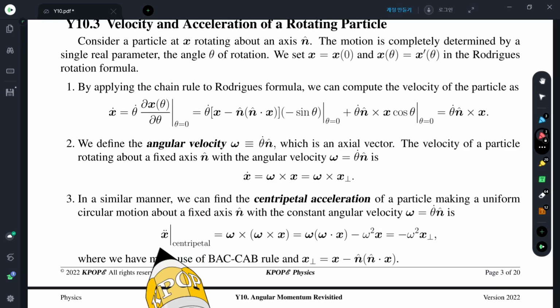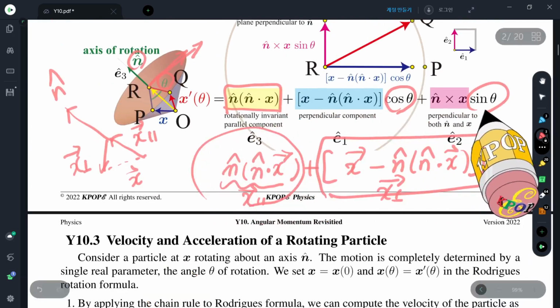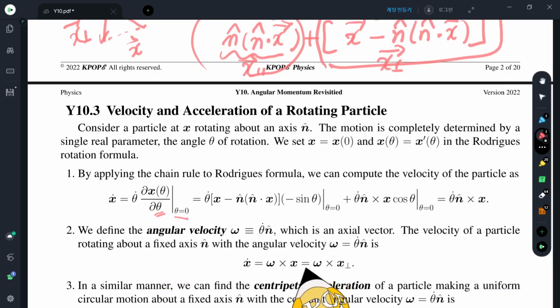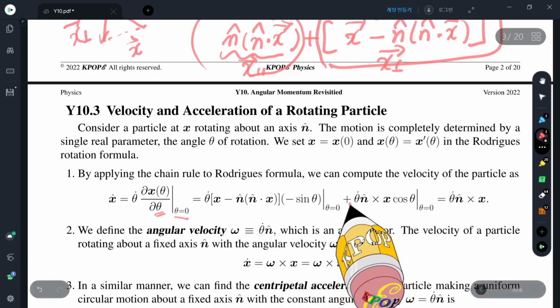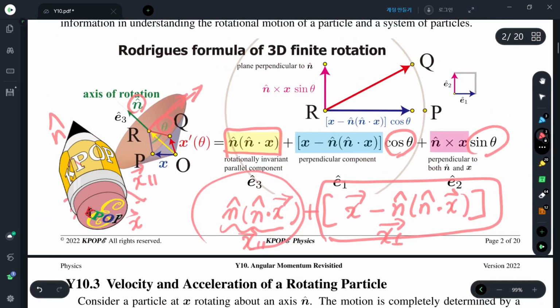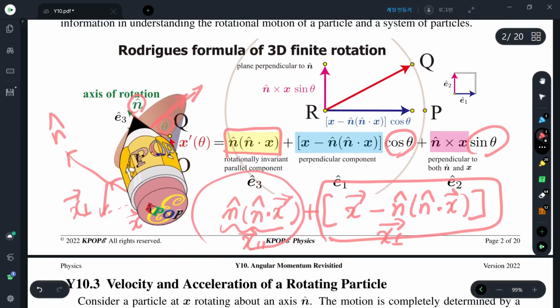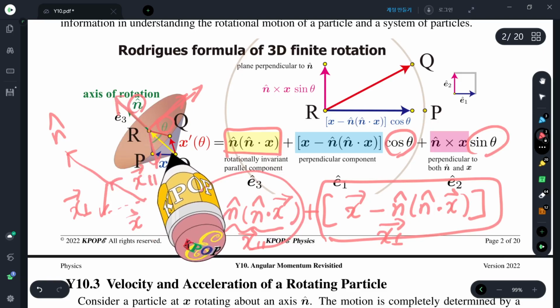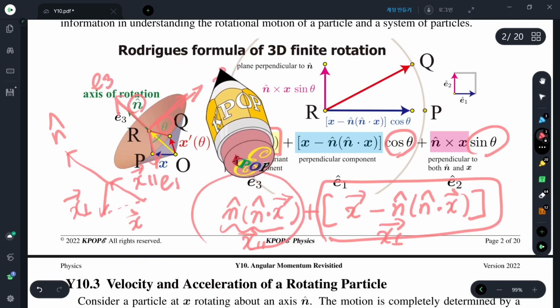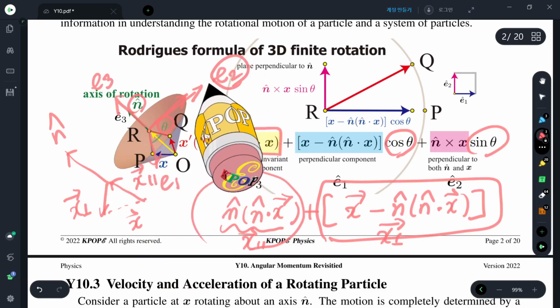So, if you make use of this Rodrigues rotation formula, the derivative about theta at theta equals 0 has non-vanishing value only along the direction that is perpendicular to both longitudinal and perp. So we assume that it is E3 and E1, then we have a new component along E2.